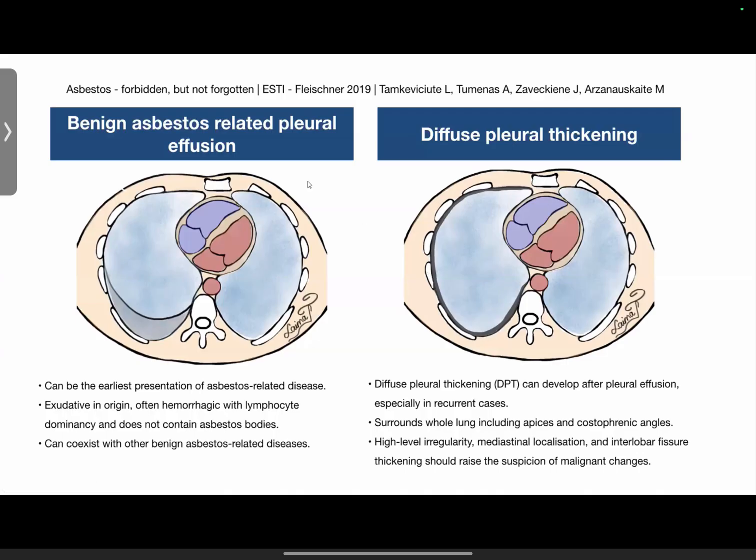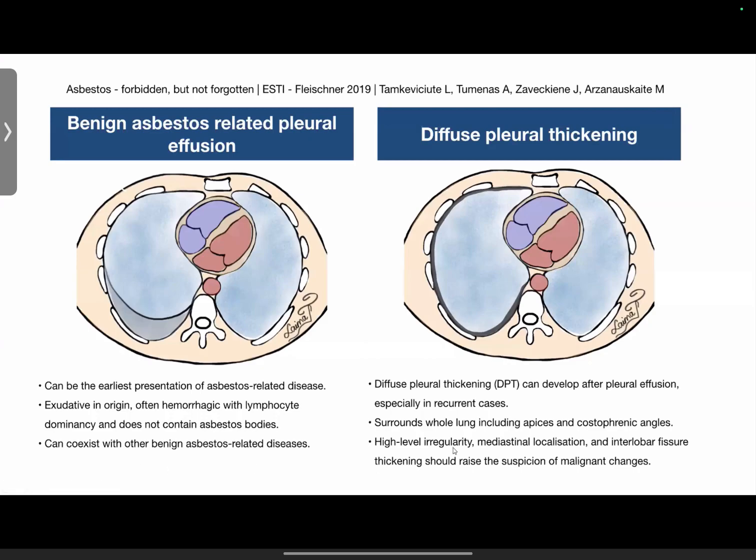So I saw this very fantastic paper which shows diagrams, and this was part of the European Thoracic Society and Fleischner meeting from 2019, which shows you in diagram form benign asbestos-related pleural effusions, as you can see here, exudative. This can be the early presentation of asbestos-related disease, and it can have some hemorrhage, and does not contain asbestos bodies.